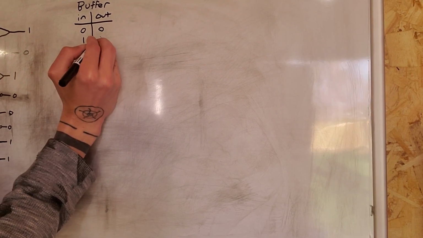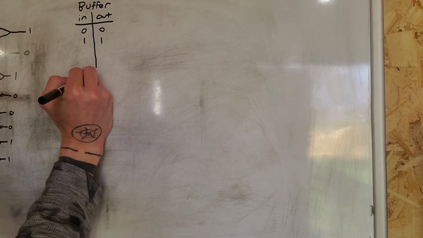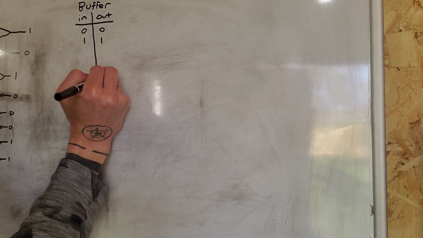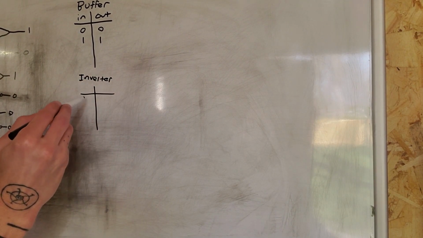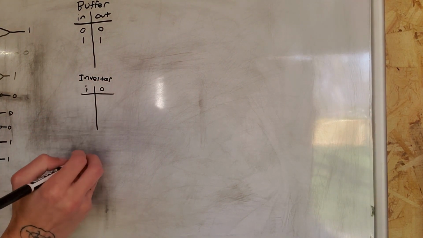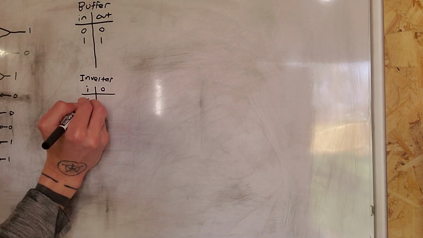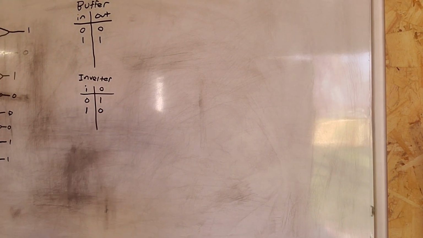If we have 1 in, we'll have 1 out. Now, with the inverter, same principle but opposite. I'm just going to write I and O as the in and out. If we have 0 input, we'll have 1 output. If we have 1 input, we'll have 0 output.